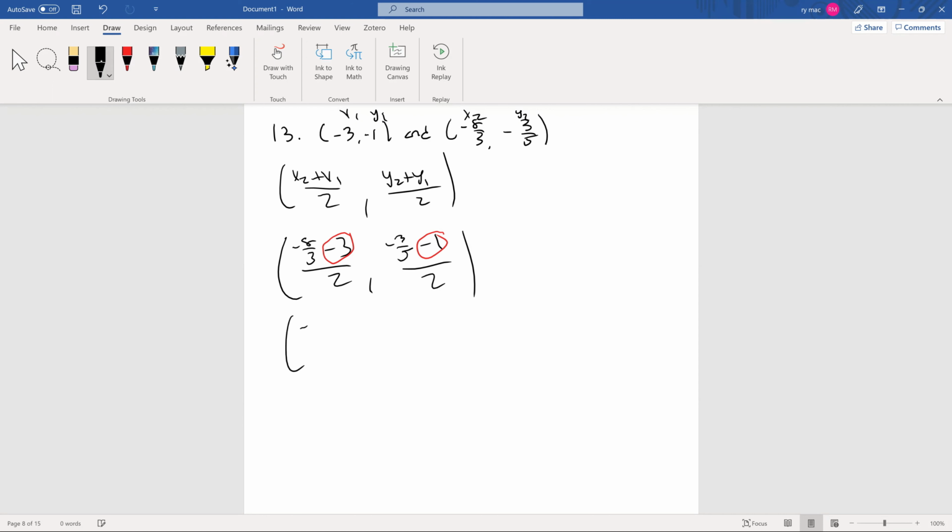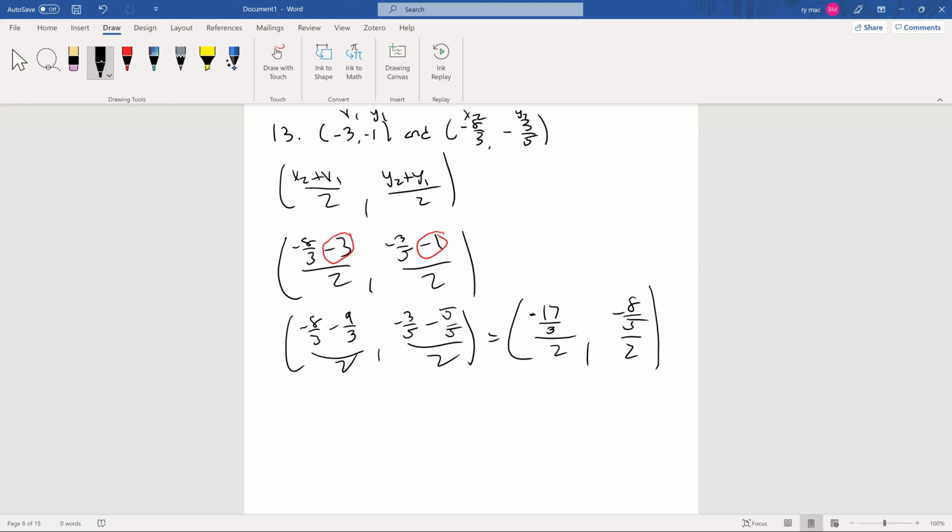So I'm going to rewrite them as -9/3 because that still equals -3. And then this one would be -5/5 over 2. So those equal, that's going to be -17/3 over 2. And then -8/5 over 2.